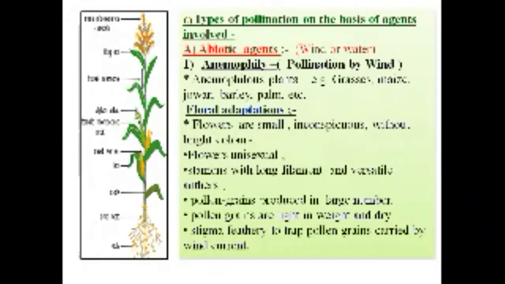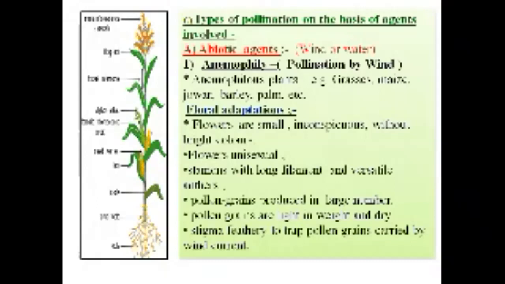So versatile anther is a very important characteristic. Pollen grains are produced in a large number. So this method is a chancy one. More loss of pollen grains takes place. Therefore pollen grains are produced in a large number in an anemophilous flower.